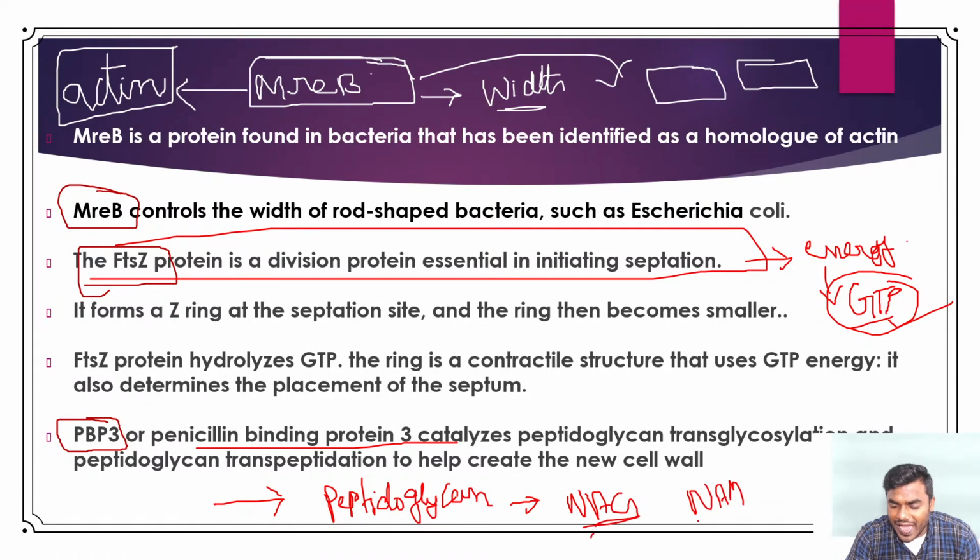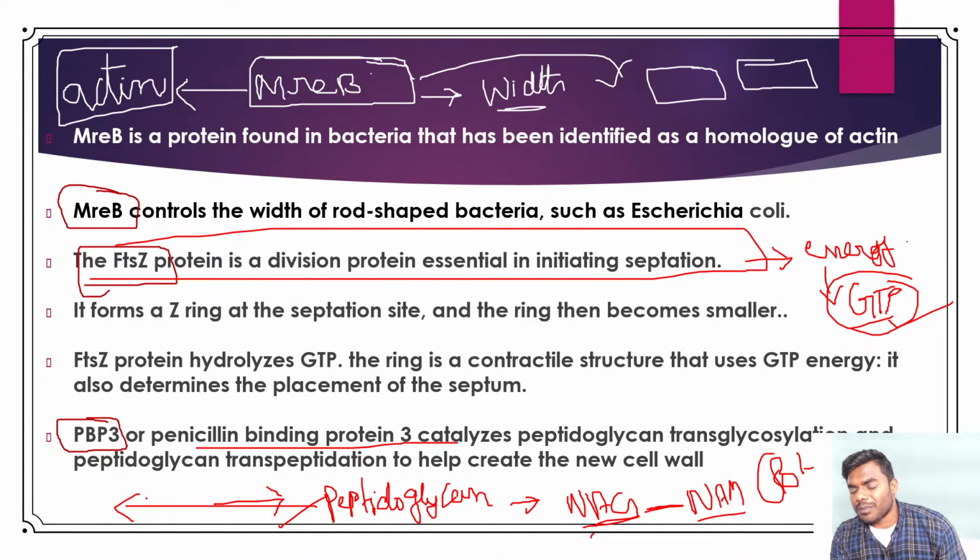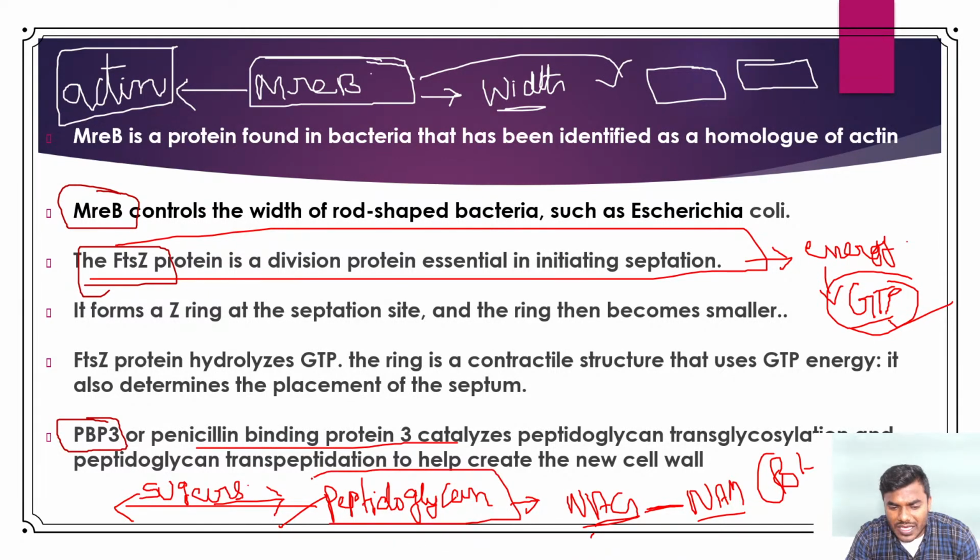When NAG and NAM are associated with each other by a beta-1,4 linkage, there is a formation of the peptidoglycan. Now everyone just listen. Okay, peptidoglycan got formed. But friends, everyone please understand the statement. Once the peptidoglycan cell wall is formed, if the cell wall wants to be stronger, it should be added by the sugars. Always remember, friends, peptidoglycan is the major component of the bacterial cell wall.